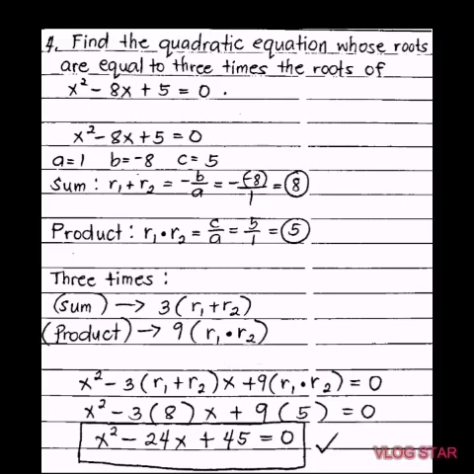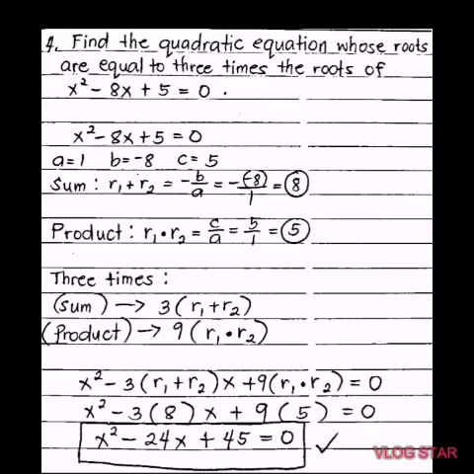Okay, after getting all of this, write the form. The form we have is x squared minus the sum of roots here, and then the product of roots here. The sum of roots for the condition 3 times is x squared minus 3 times r sub 1 plus r sub 2, times x, plus 9 times the product, which is r sub 1 times r sub 2, equals 0.